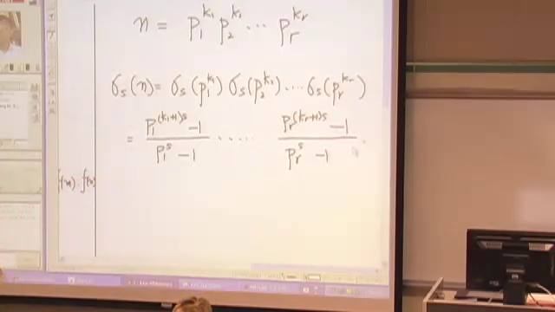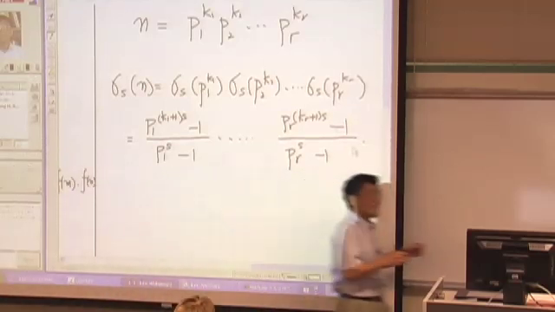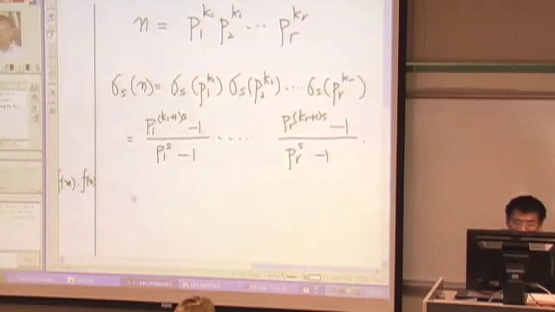Strange. If S is 0, then the denominator is 0. So I will write the formula for S greater than 0.